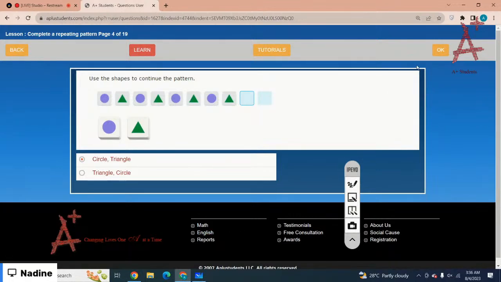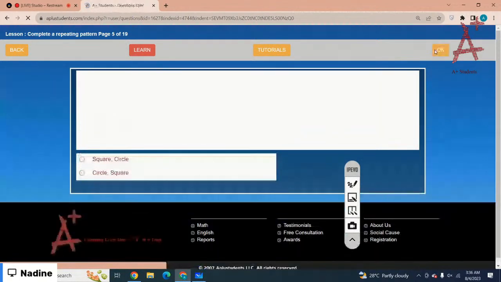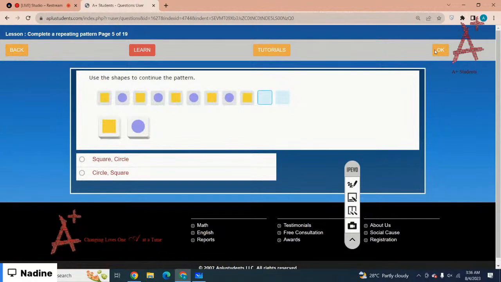Option one is the correct option. Okay, use the shapes to continue the pattern. Which is the next one?